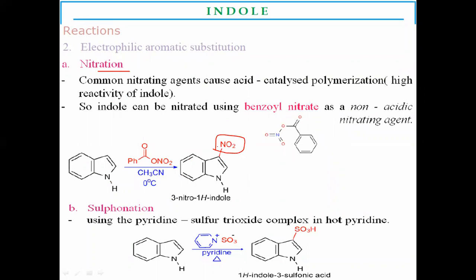So for indole to undergo nitration, non-acidic nitrating agents like benzoyl nitrate are used. This is the structure of benzoyl nitrate. It is treated with indole to make nitro-substituted indole. That is 3-nitro-1H-indole formation.